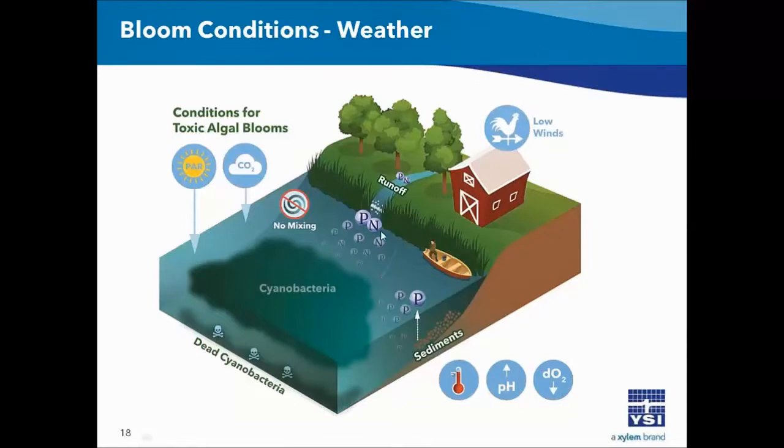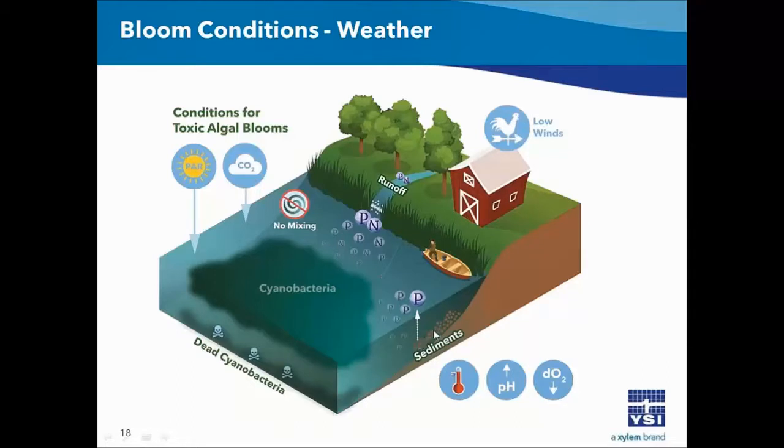But those runoff events, we often blame that on runoff of fertilizer, agricultural fertilizer that's used on these fields. But I want to remind everybody that runoff is not the only source of those nutrients. A lot of these older lakes especially have phosphorus that's bound in their sediments.